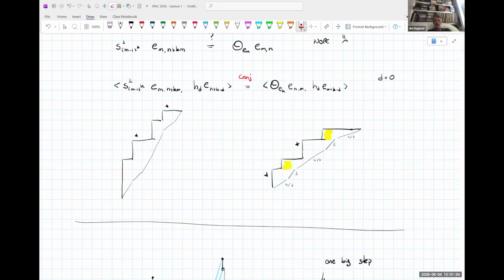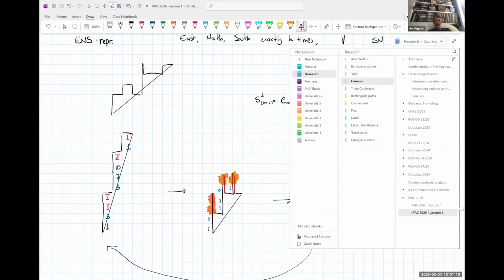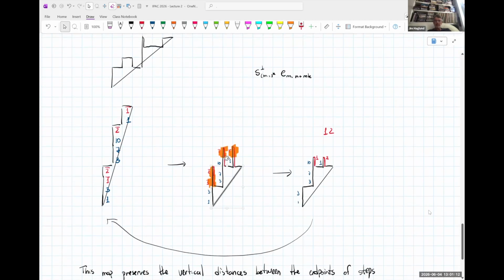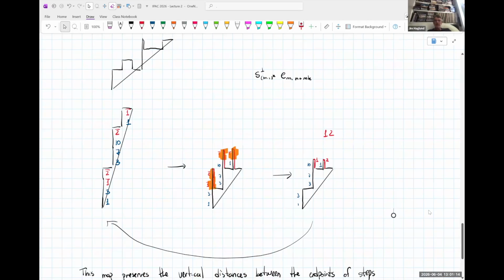So even if you go way down to the end of your lecture here, even with these transformed things that have the nice south steps, this is not enough to get a valley version. There's no obvious thing.